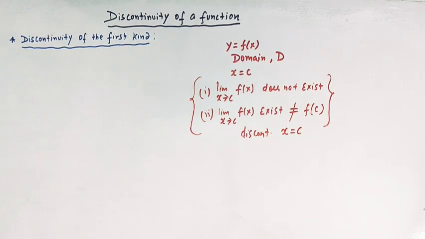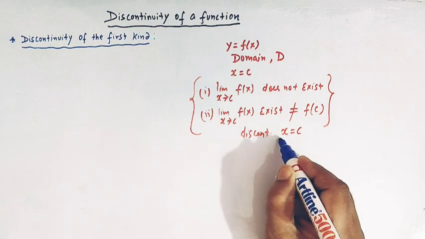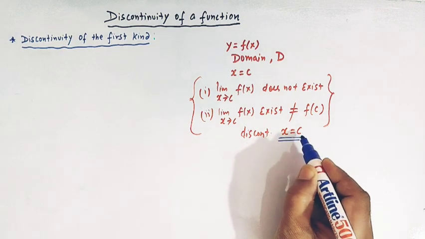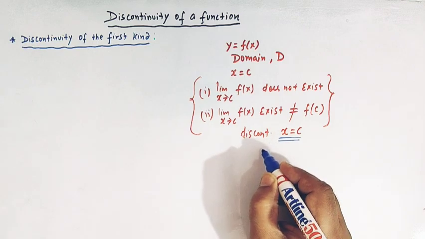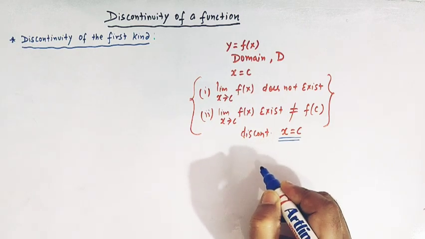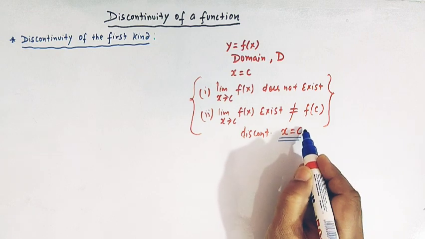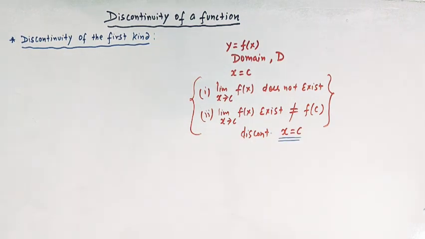Whenever a function is discontinuous at some point x is equal to c, then this point is known as a discontinuous point, or we can say that this point is the point of discontinuity.